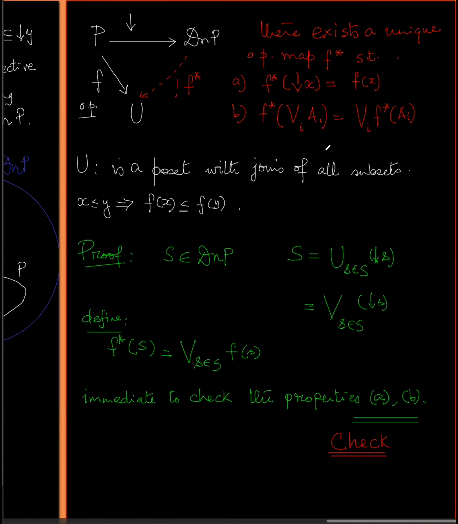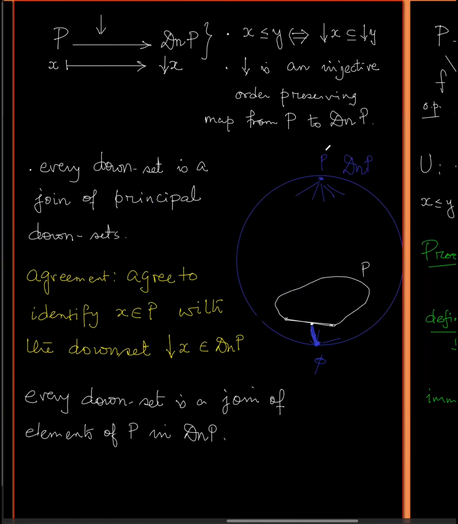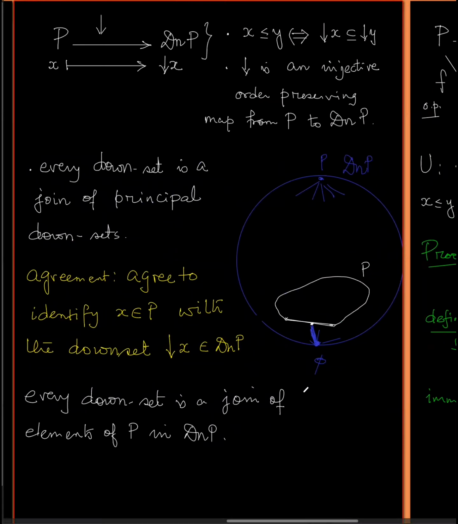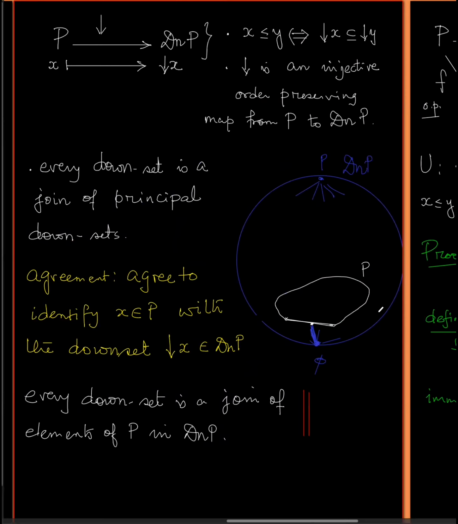Okay. So this situation that we observed over here, where we are saying that every element of the downset is a join of elements of P, we would like to give this feature a name.